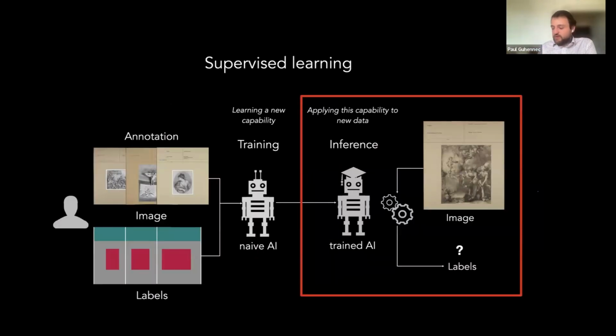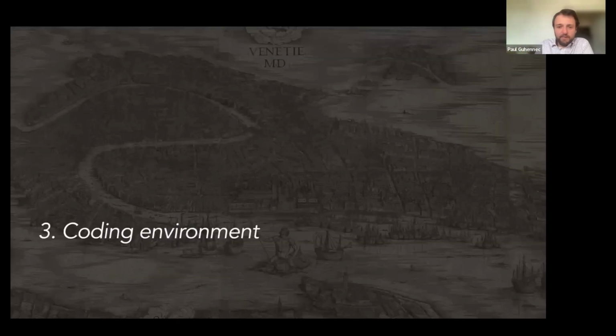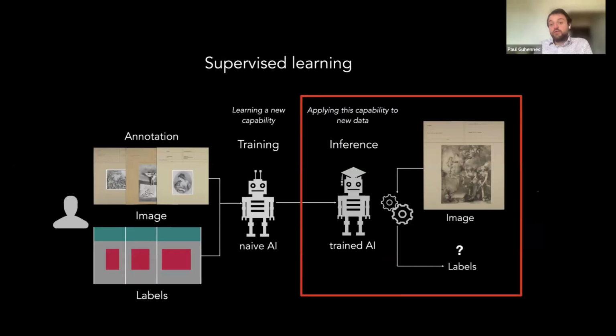Okay, so the second half of the pipeline, and the thing we're going to be focusing on in the workshop in a bit, is this inference idea. How we go from a trained AI plus some images to a label.